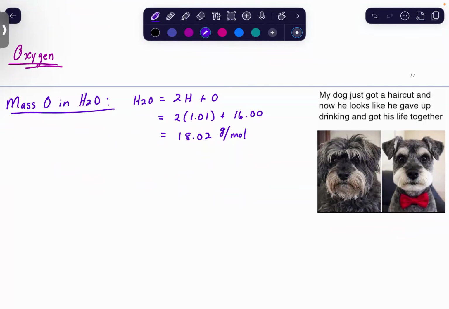Okay, so I was told that I collected 8.63 grams of water. Stoichiometry does moles to moles comparison, so I need to change this into moles. I'm going to divide by the molar mass.